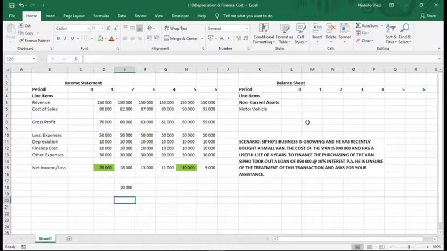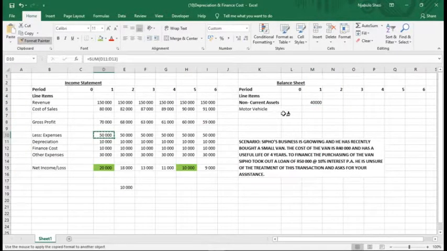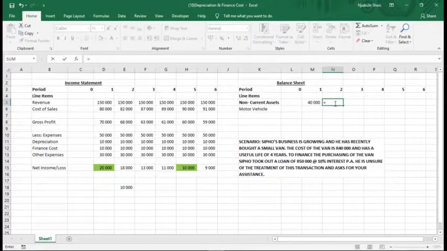So remember, guys, that our income statements as well as our balance sheet must speak the same language. So Sipo, in the first year, will now capitalize the cost of the van in his balance sheet, right? And then at the beginning of the second year, he will take the value of the van and minus the depreciation expense, which is sitting in his income statement.